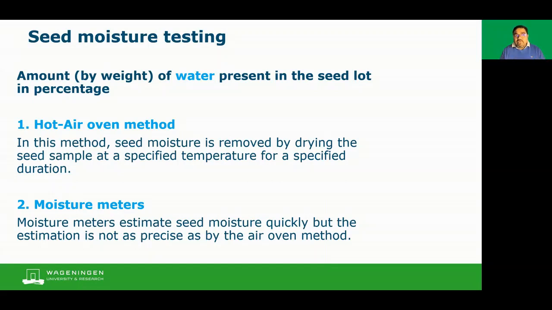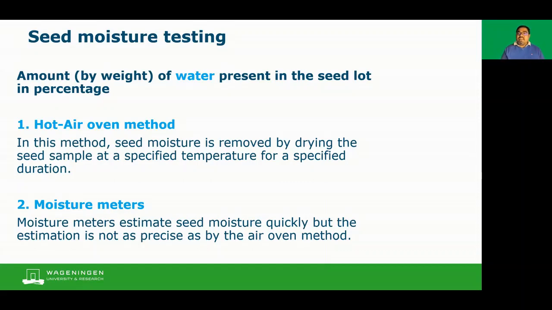So this is the hot air oven method with which we calculate the moisture content, and there are also many moisture meters. Moisture meters estimate the seed moisture very quickly, but not very precisely, because the property by which these moisture meters are calibrated depends on some other property which indirectly relates to the water.